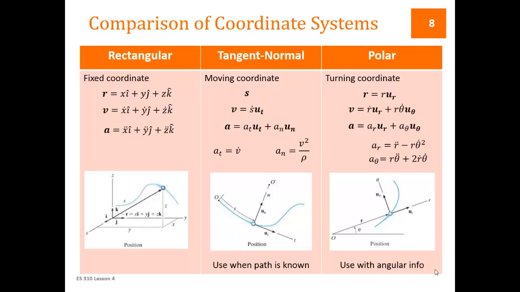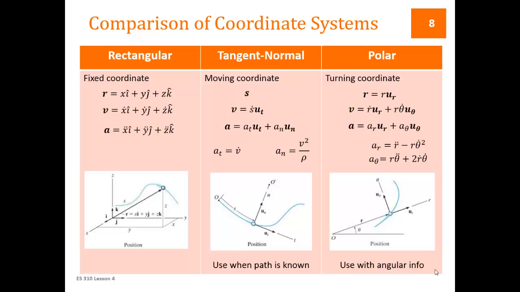This is a moving coordinate system. All right, so it's fixed to the particle, and it moves so that the u t is always tangential to the path, and the u n is always perpendicular to the path. This means the velocity is always only going to have one coordinate. The acceleration is going to have 2.